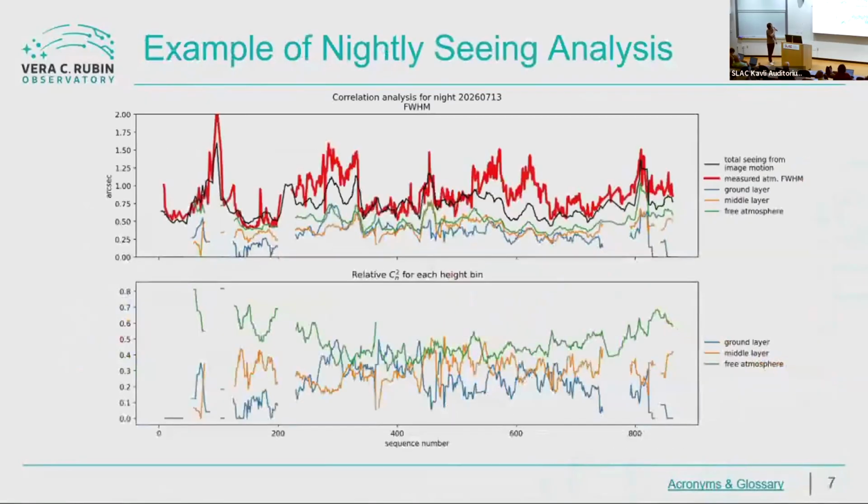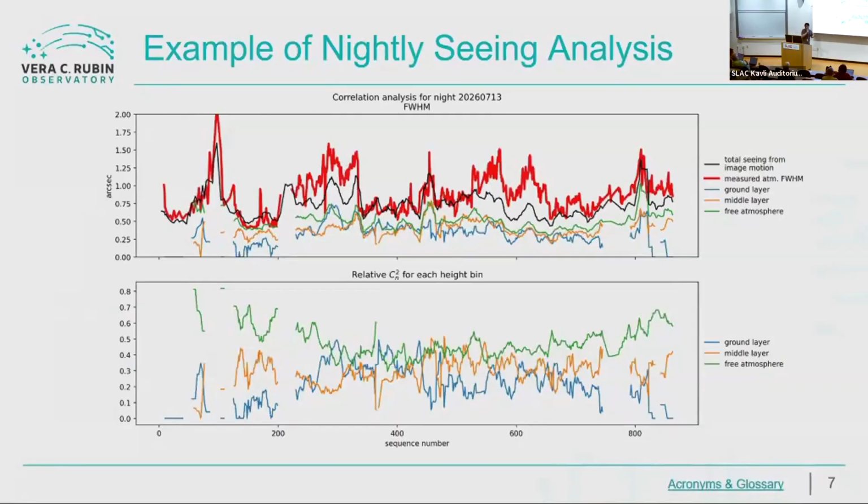Here is an example of what we get for one night. In the top panel, the black curve is the total estimated seeing from the image motion of guider stars. We compare it to the red curve, which is the measured atmospheric full width half max from the science images.